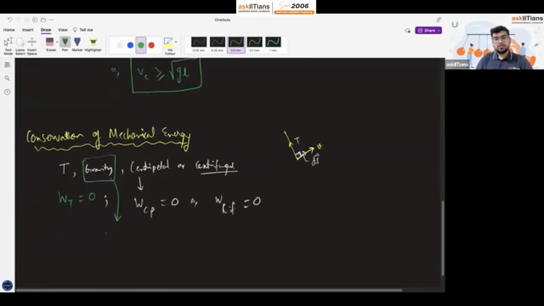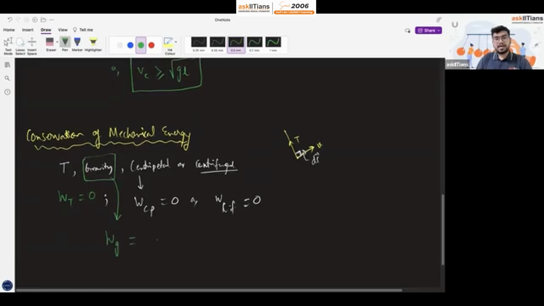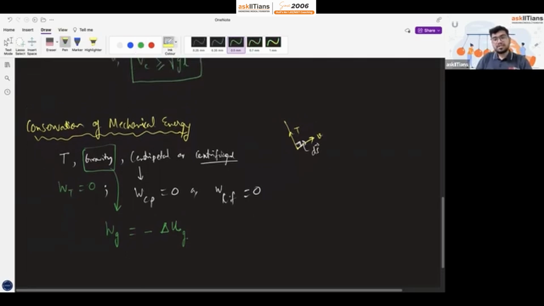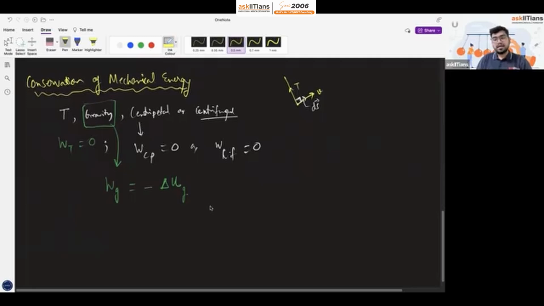So I can write work done by gravity as the negative change in potential energy of gravity. Now, with all of these conditions given, is there any non-conservative work being done? The answer is no. There are no non-conservative forces present, and there is no work done by non-conservative forces.